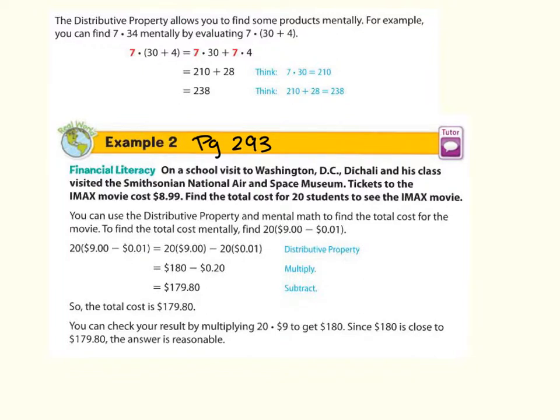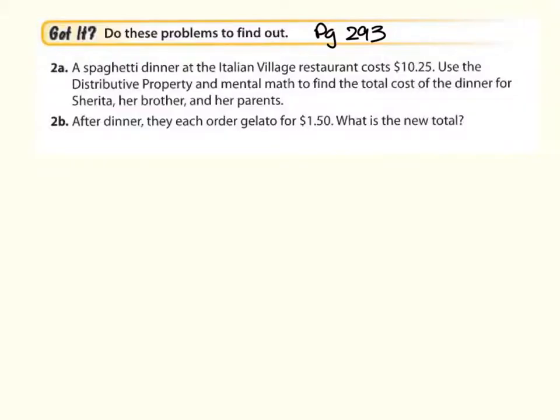Okay, here they're introducing you to maybe one of the reasons why we do the distributive property. So read this example before we move on to actually practicing. You'll find this on page 293. In the real world, we use the distributive property as mental math, especially when dealing with money. Here we've got a dinner with Sharita, her brother, and her parents.